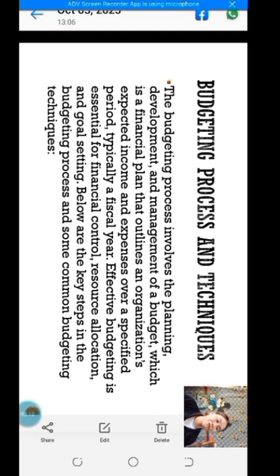Effective budgeting is essential for financial control, resource allocation, and goal setting. So, there are some key steps in the budgeting process and some common budgeting techniques. But for me, I will be discussing only the budgeting process, and the budgeting techniques will be discussed by the next reporter.